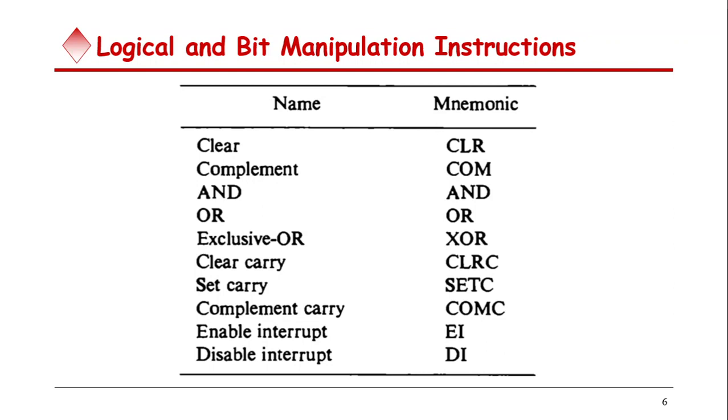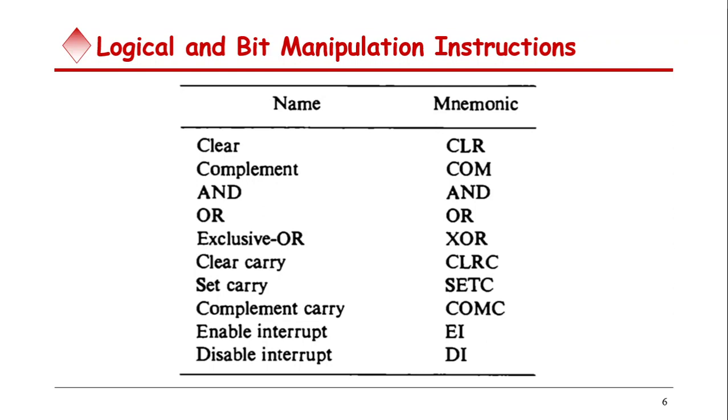Therefore, the AND instruction can be used to clear bits of an operand selectively by ANDing the operand with another operand that has zeros in the bit positions that must be cleared. The AND instruction is also called a mask because it masks or inserts 0 in the selected portion of an operand.